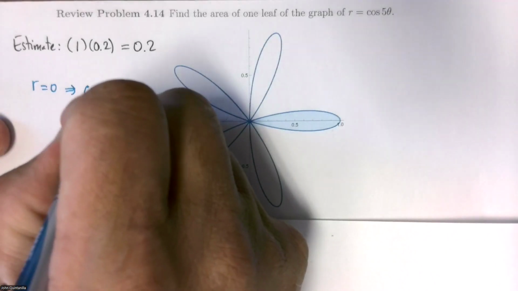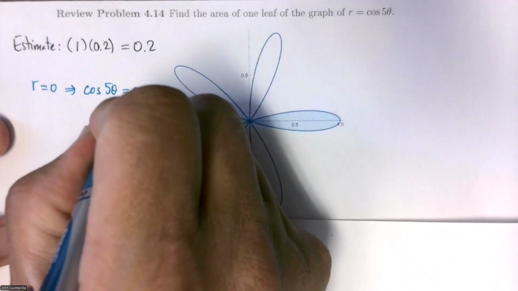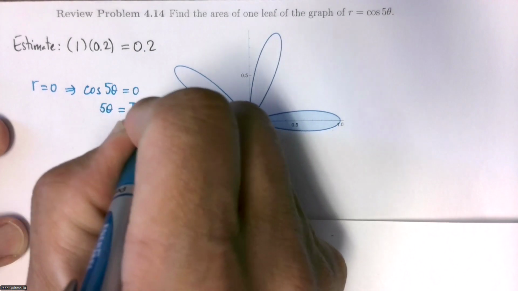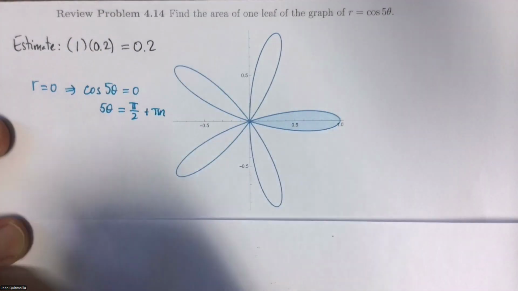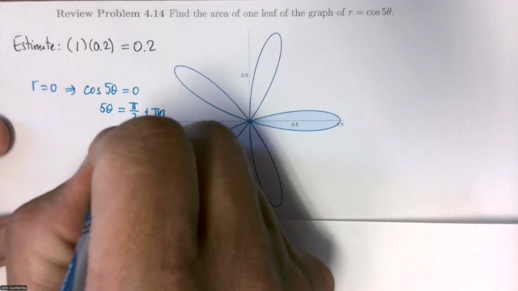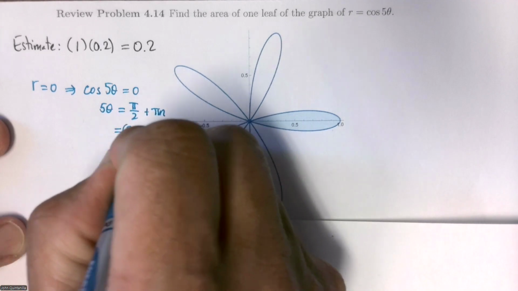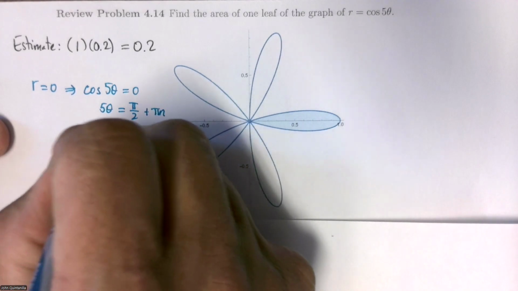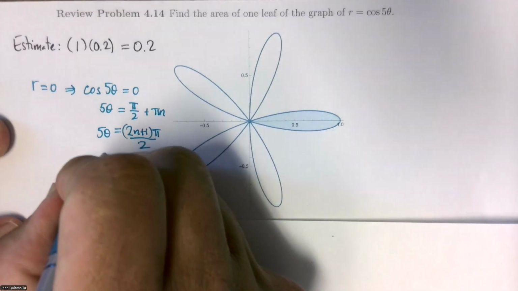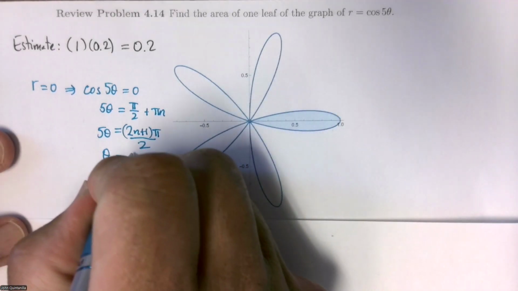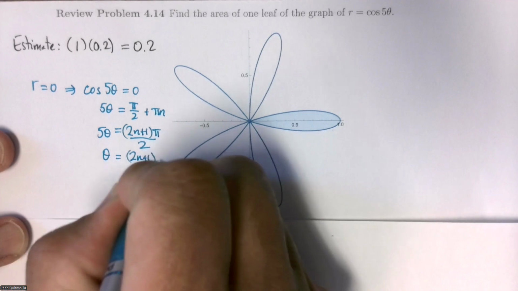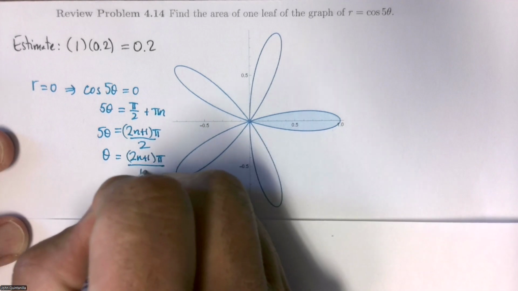Cosine is equal to 0 on the half multiples of pi, or let me write this as 2n plus 1 times pi over 2. And so that means that theta is going to be equal to 2n plus 1 times pi divided by 10.